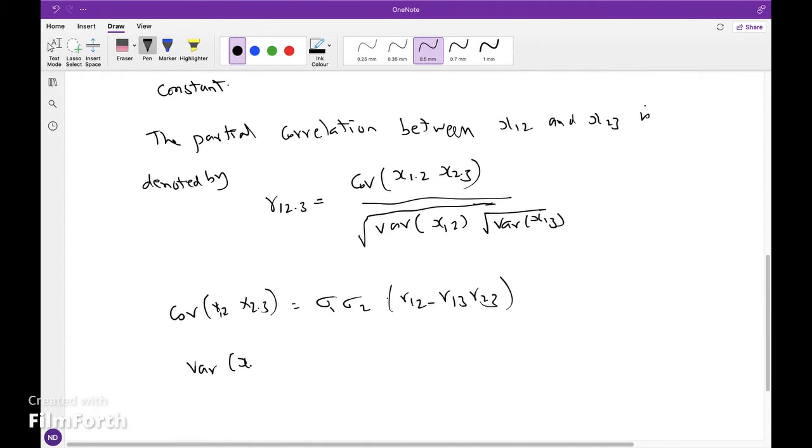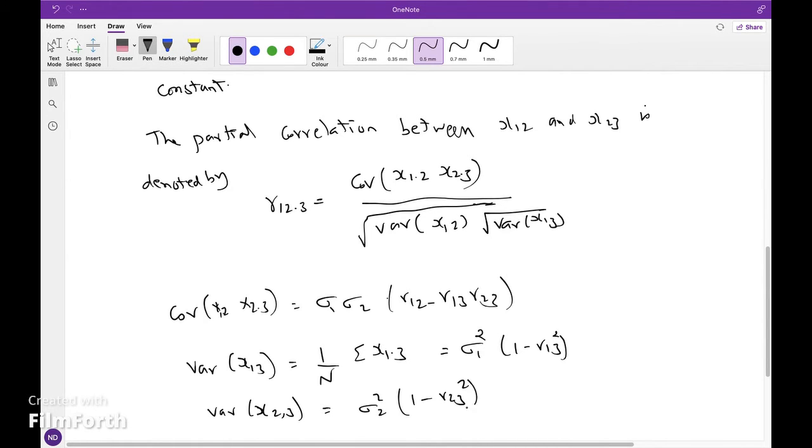Variance of x1.3 is equal to 1 by n summation of x1.3 squared, which we can otherwise write as sigma1 squared into (1 minus r13 squared). So variance of x2.3 is equal to sigma2 squared into (1 minus r23 squared).